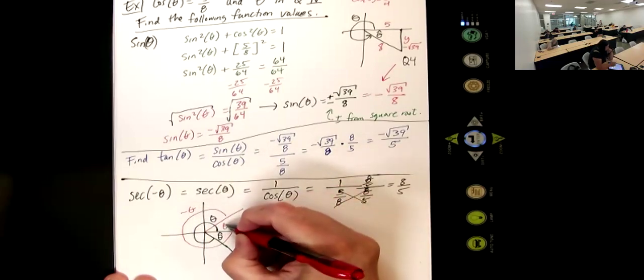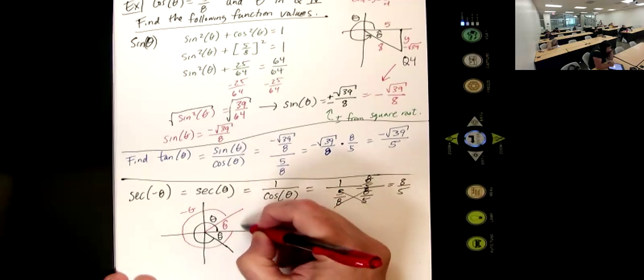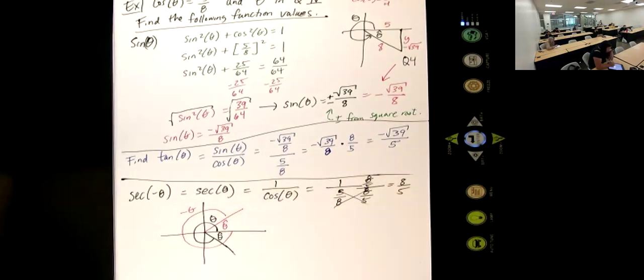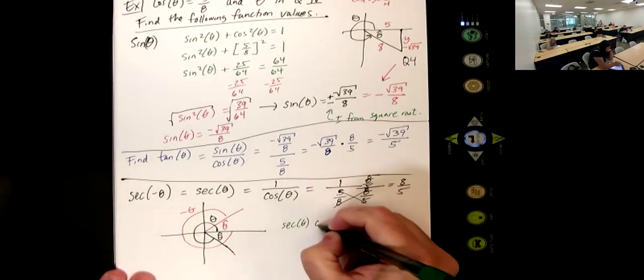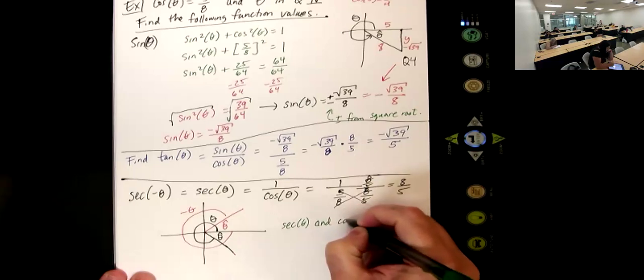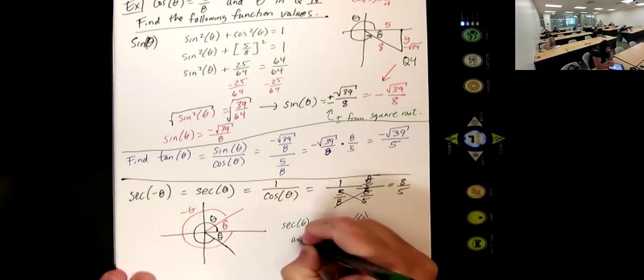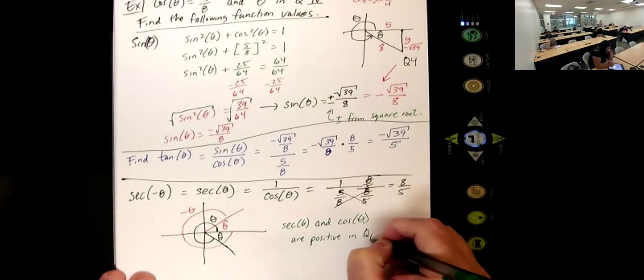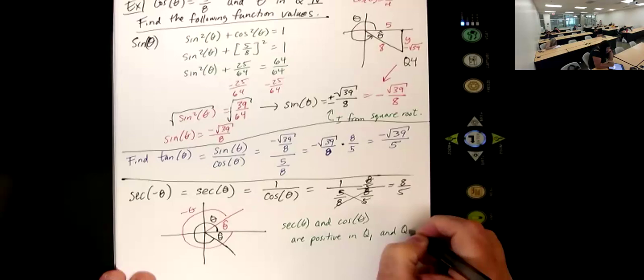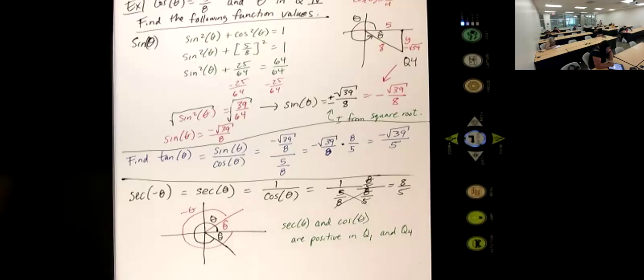So here our theta hat is that. And that's why, if we're looking at secant, both secant and cosine are positive here. They are positive in Q1 and Q4, because they're the x over r.